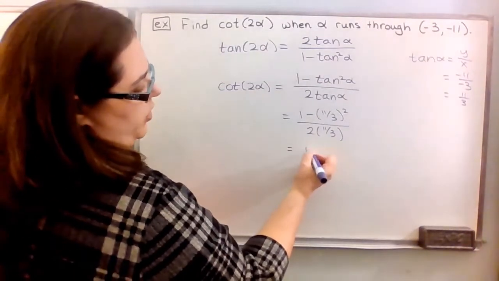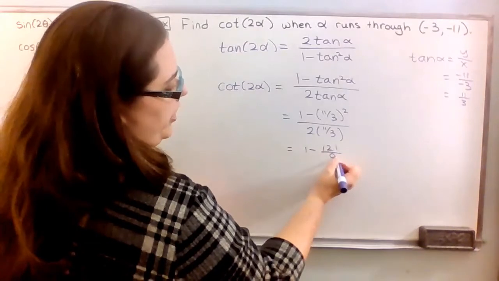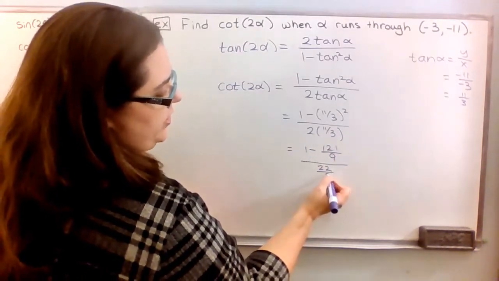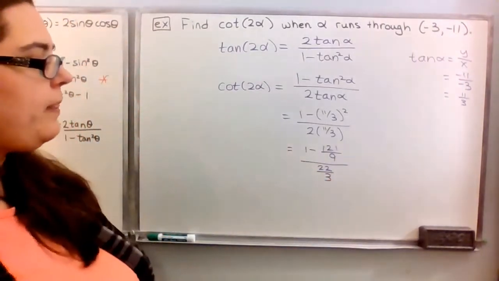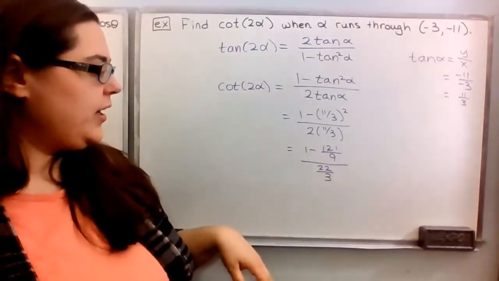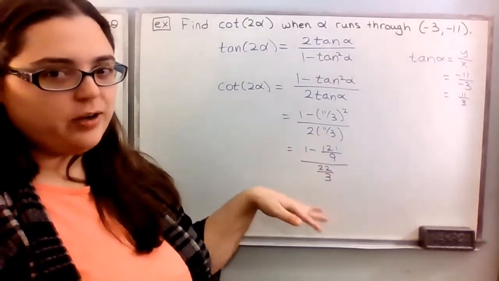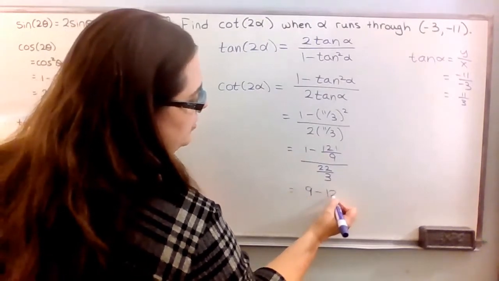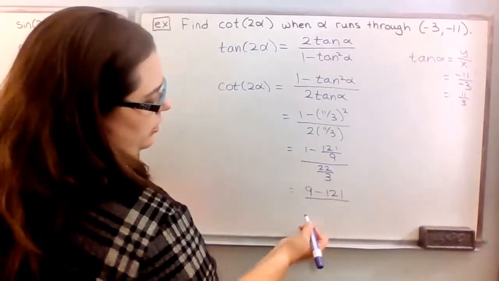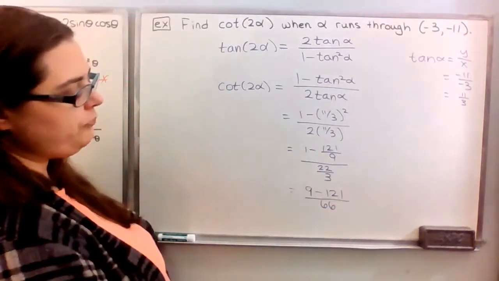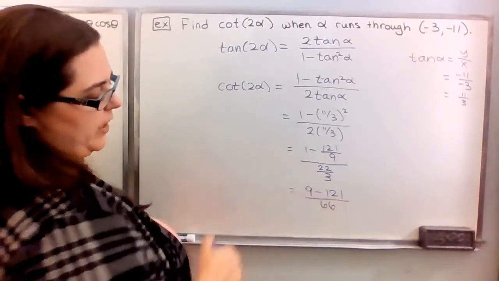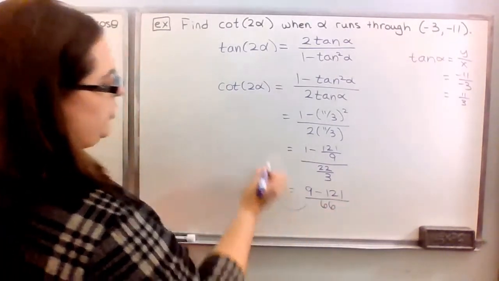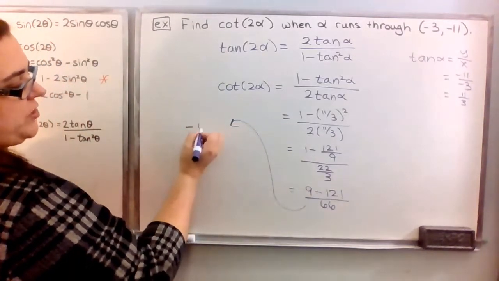That's going to give me 1 minus 121 over 9 over 22 over 3, sorry. So I'm going to go ahead and multiply big numerator and big denominator by 9 to clear out those fractions. So that will give me 9 minus 121 all over 66. 9 minus 121 is going to give me a negative, I'm going to go over here, a negative 112?